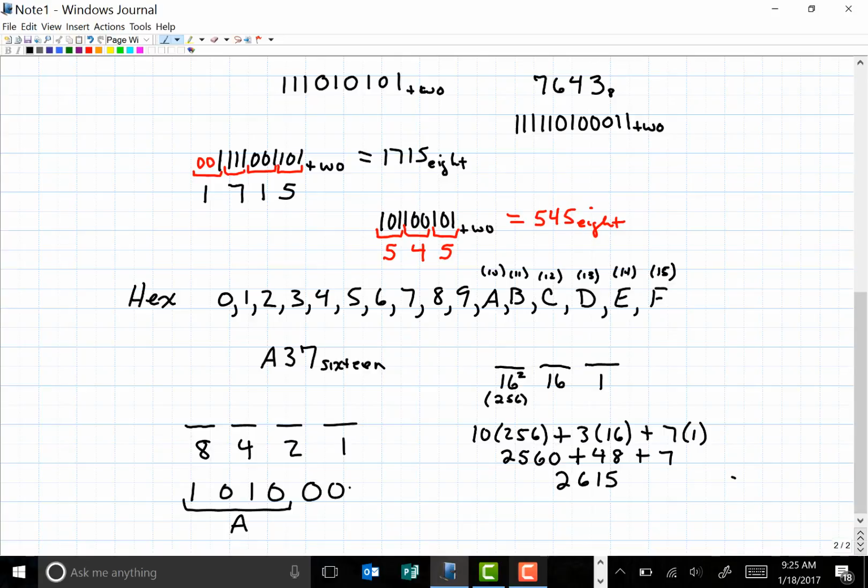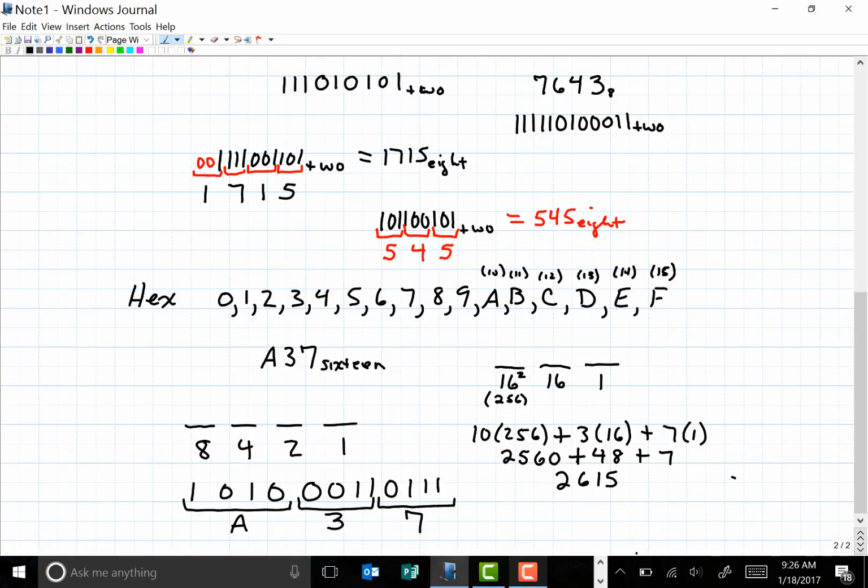So 0, 0, 1, 1, and that gets me the 3. And then to get the 7, I don't have any 8's, so that's a 0, but I need 4 plus 2 plus 1, so I need a 1, 1, 1, and that gets me the 7.